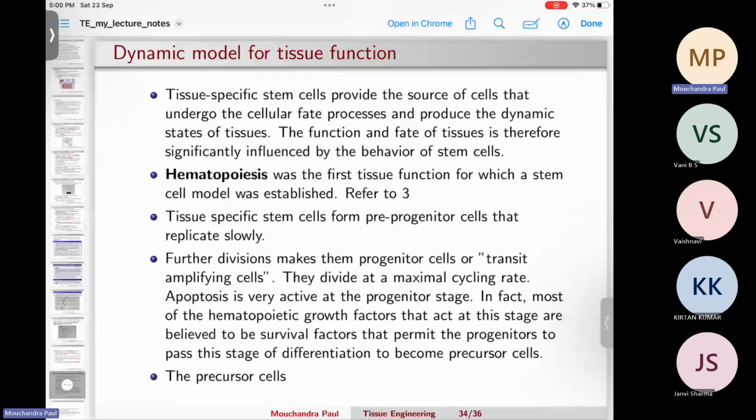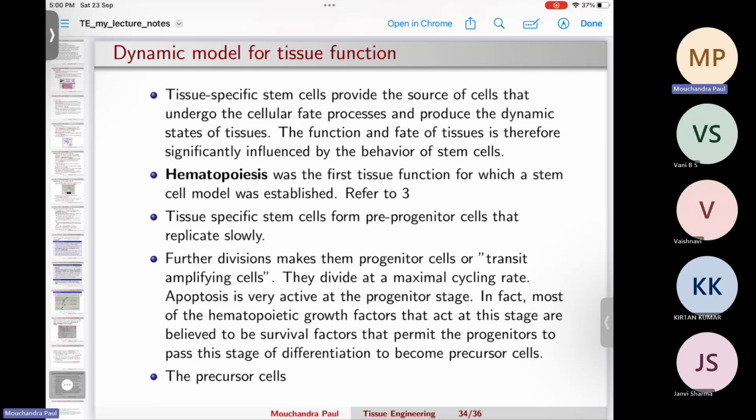Now few more topics. So in this slide, you will understand how the stem cells are important for functioning of a tissue.